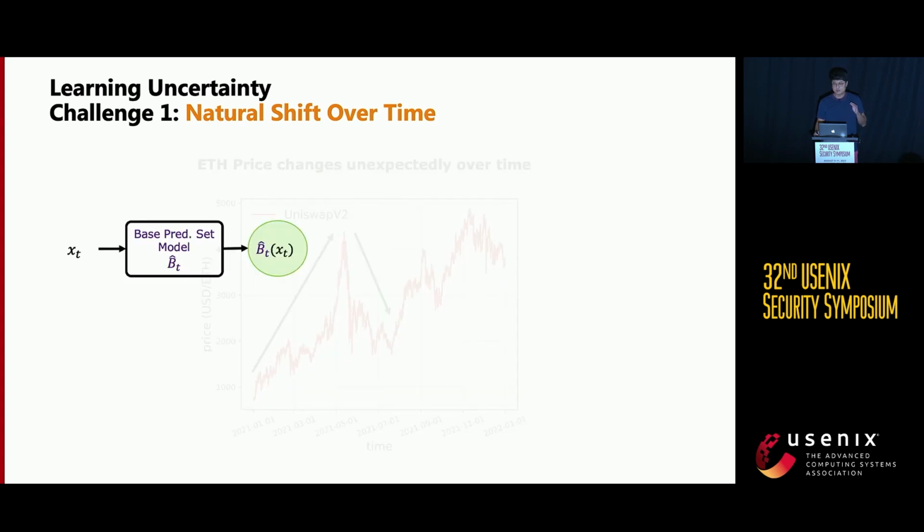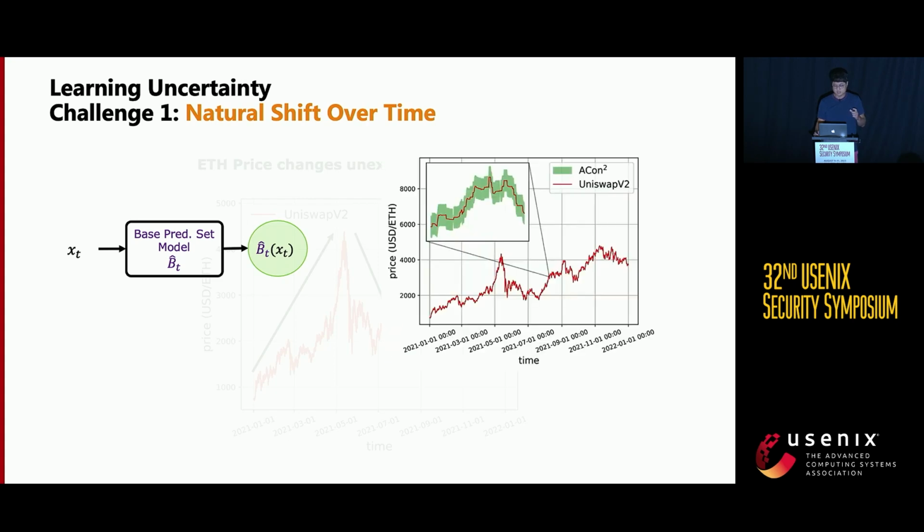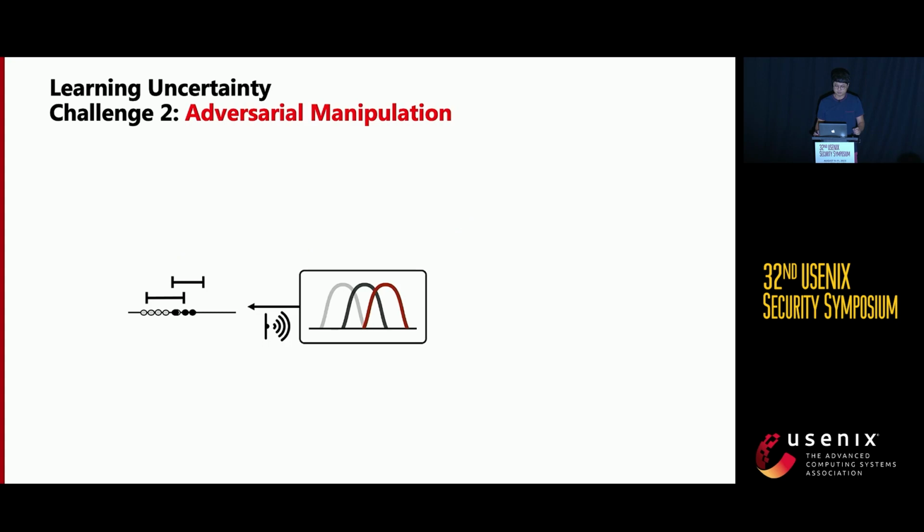To learn the uncertainty around this price value, we need to learn this base prediction set model such that it can closely follow the trend along with the model uncertainty. To that end, we use a known approach called adaptive conformal prediction. The details are in the paper, so please feel free to check out our paper.